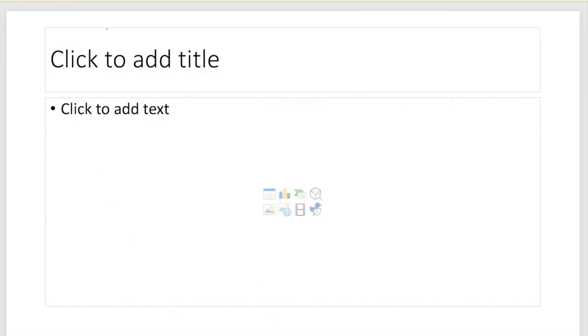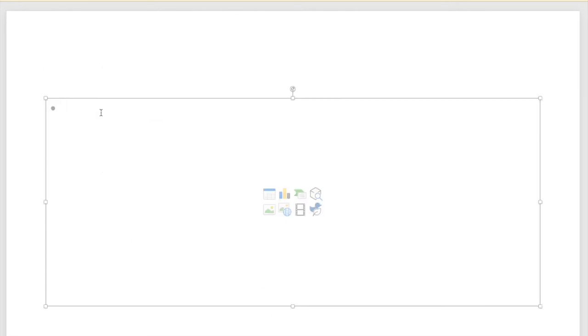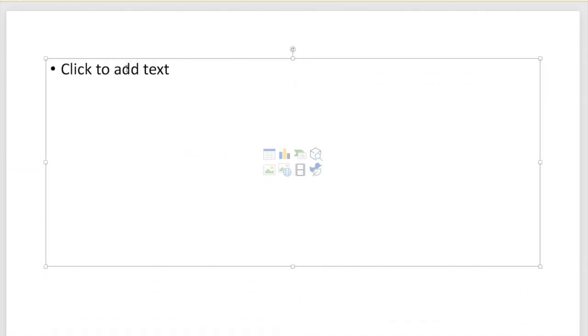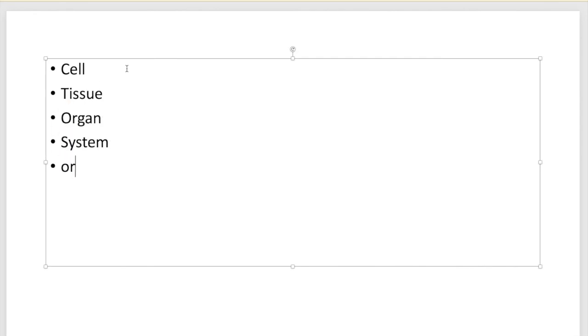Okay, talking about how cells come together and work together, they form several kinds of levels of organization. So at the most basic is cell. They come together to form tissue to perform a common task. And then tissue come together to form organ come together to form system come together to form the whole organism.